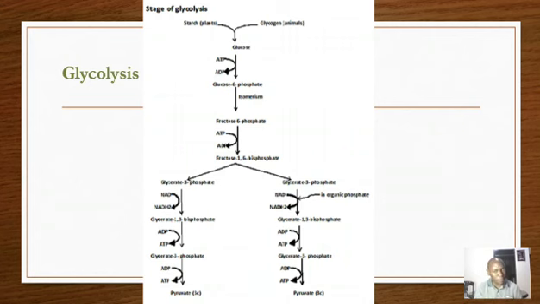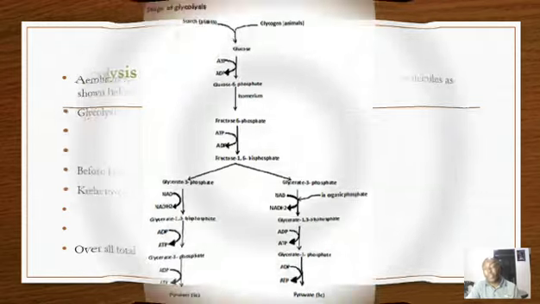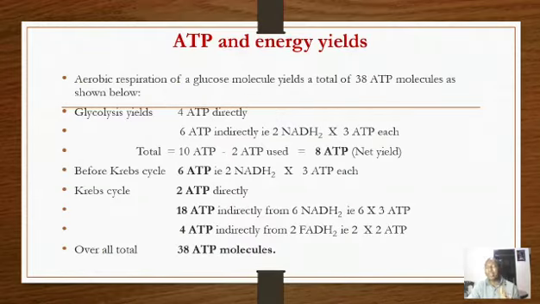From glycerate 3-phosphate to pyruvate, we have 2 ATP molecules liberated directly. But because there are 2 glycerate 3-phosphate molecules leading to formation of 2 pyruvate, that gives us a total of 4 ATP molecules liberated directly.